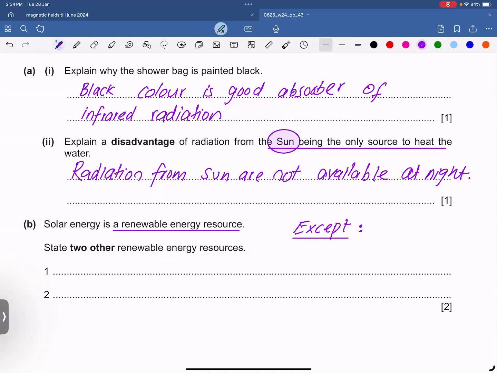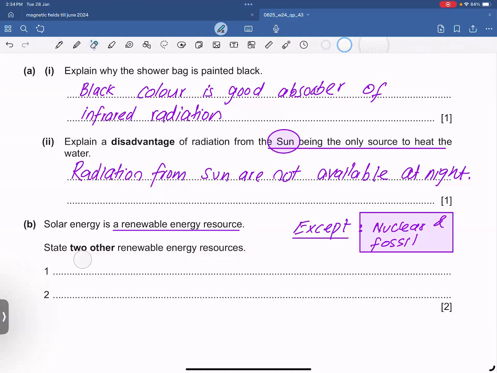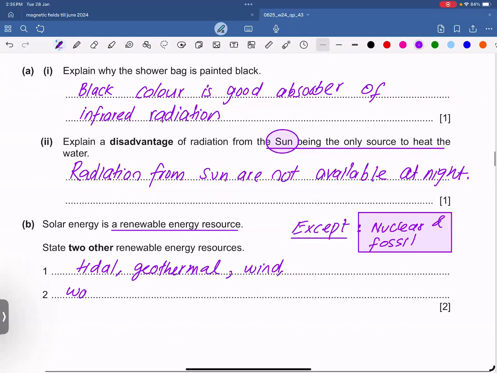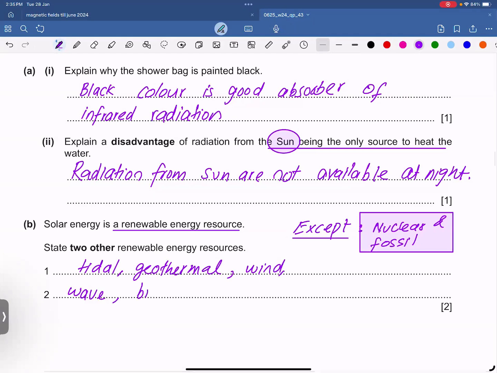Everything except nuclear and fossil fuels is renewable. Whatever comes in your mind, other than these two, you can write. So for example, you write over here, tidal, geothermal, wind, wave, biofuel.